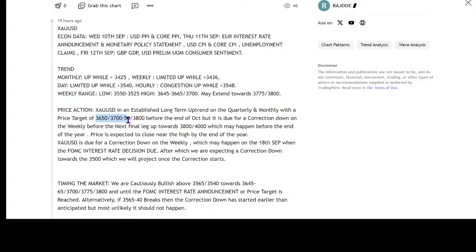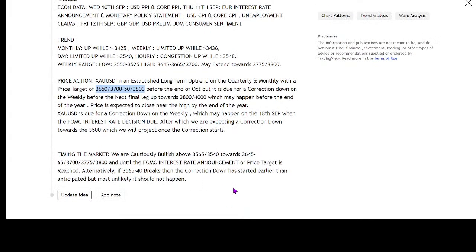Remember, the price targets we are expecting are 3650, 3700, 3750 and 3800, before the end of October. Which means the market may turn before that, but we are cautiously bullish. Even today, we were seeing that the price is going to go higher towards 36.45. So now it's already 36.36.